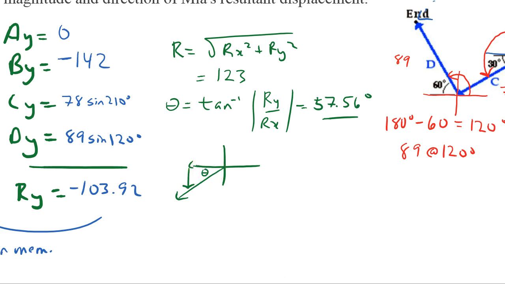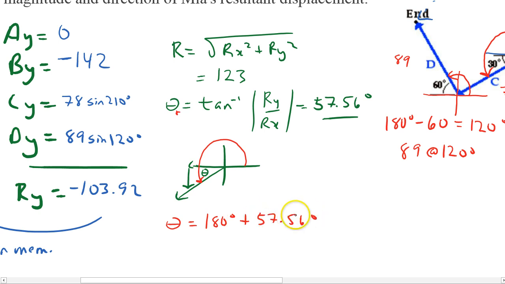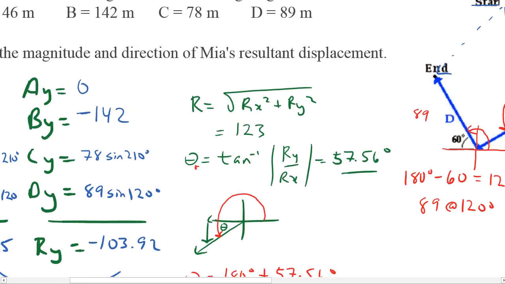So now I say, okay, that means that my angle, I'll make that theta r, is going to be equal to 180 degrees plus 57.56 degrees. So I will get a final answer of 123 meters at 238 degrees.